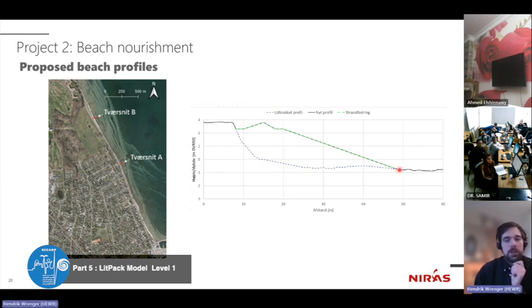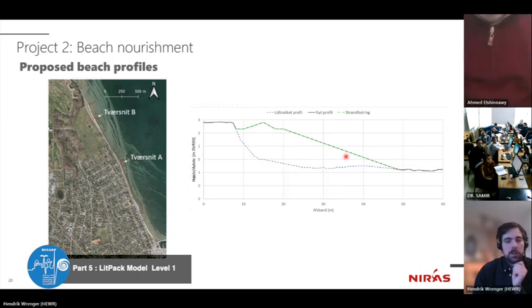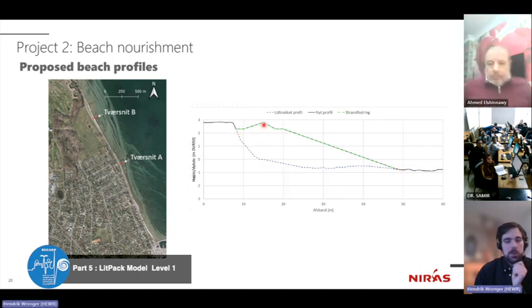So if additional sand material is placed in a profile like that, it was assumed that a new dune land will be established, and then just a constant slope to below the water line where it's hitting the existing bathymetry at this point.